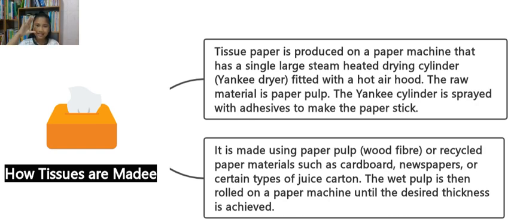You use a thick paper pulp. You roll it in the paper machine until it becomes really, really thin. Then after that, we would spray it with adhesives to make the paper stick. We need to put it into a pattern, package it, and lots of other steps that I don't know in tissue making.